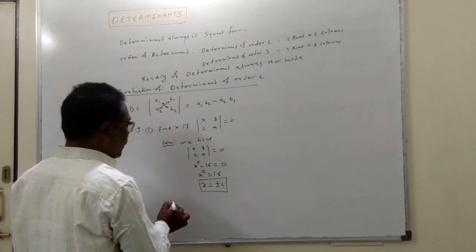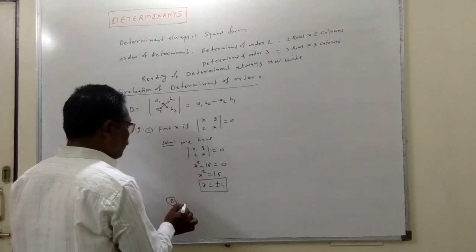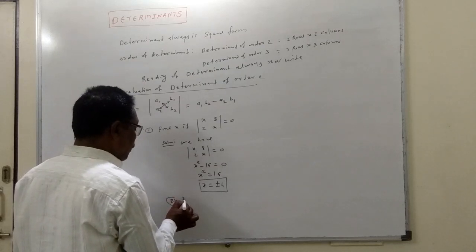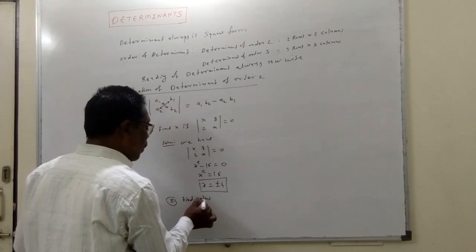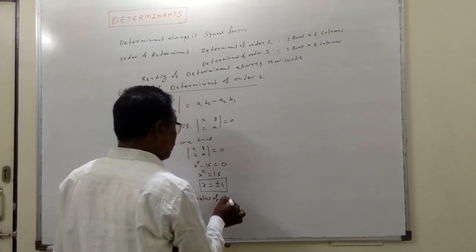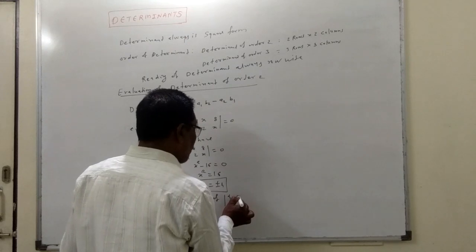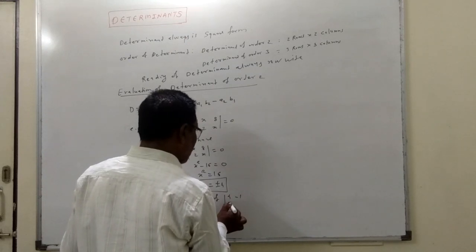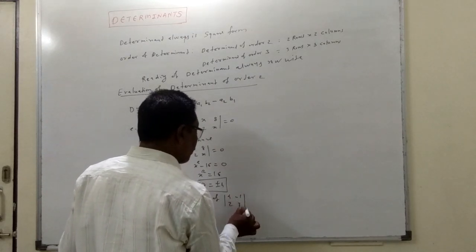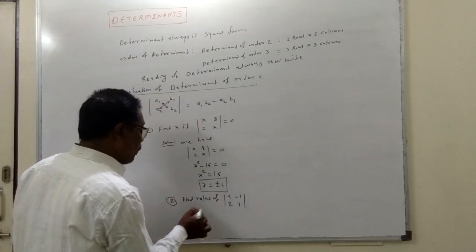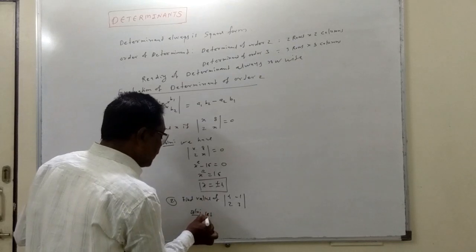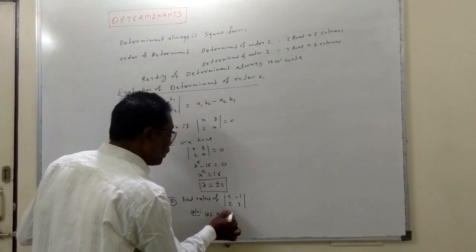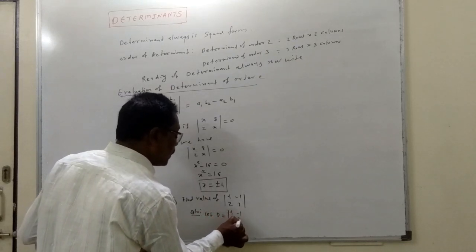Now suppose we take a second example. Find the value of the determinant 4 minus 1 2 3. So solution, let D equal the determinant 4 minus 1 2 3.